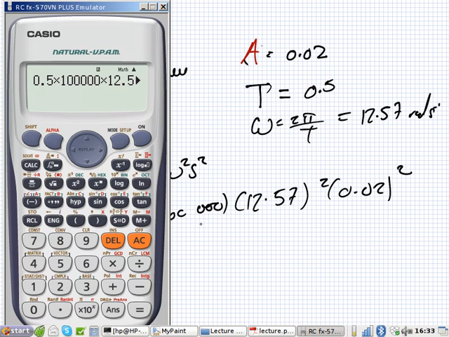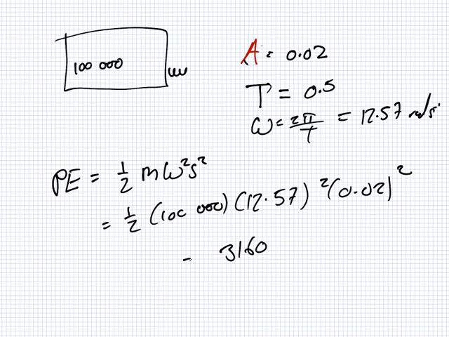Yeah, well, the displacement is the amplitude. You're looking for the energy when it's fully compressed, so it's the same in this question. What did I say the answer was? 3160 joules, or 3.16 kilojoules. Well, that's a lot, I suppose. So that's how much energy is stored in the bumper.